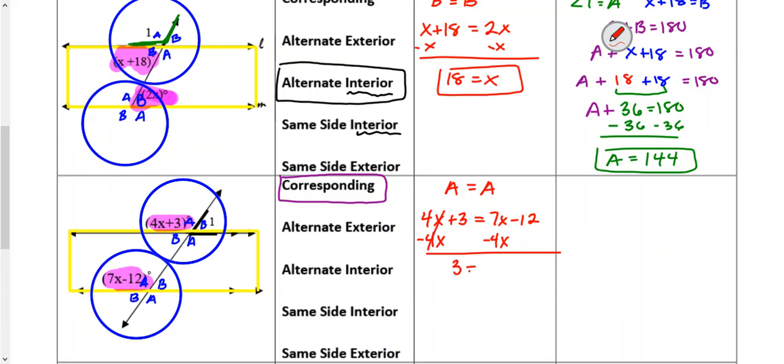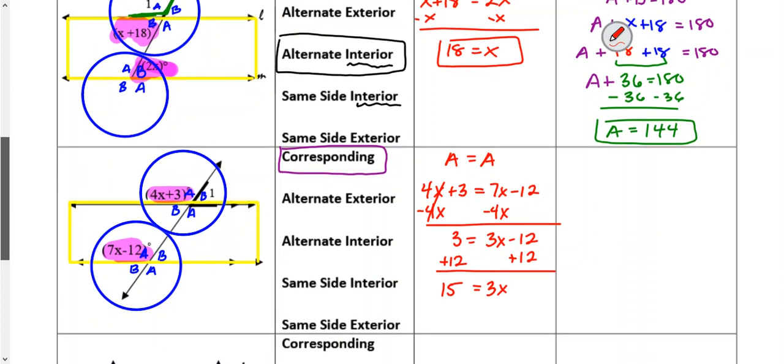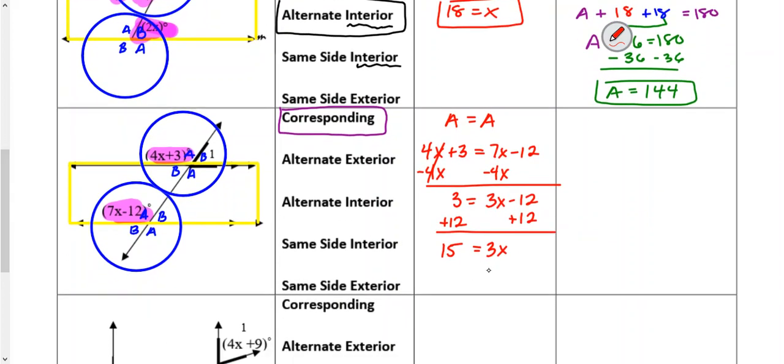So I get 3 to equal 3x minus 12. Add 12. 15 equals 3x. And finally divide by 3. So we get x to equal 5.